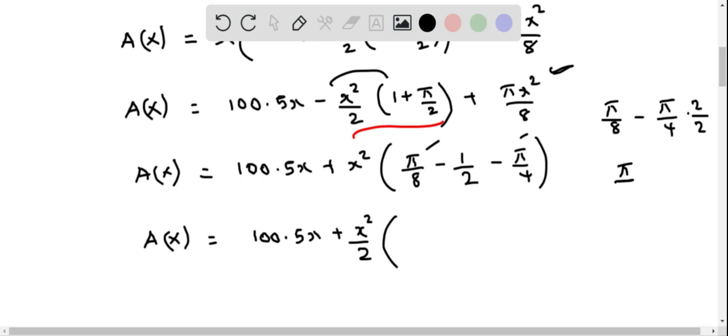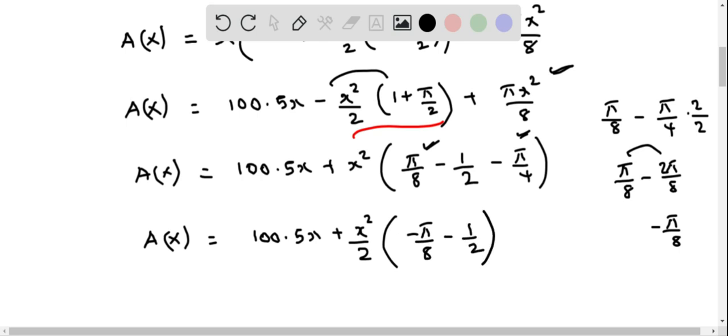So this becomes pi by 8 minus 2 pi by 8. Now we can add the numerators: pi minus 2 pi is negative pi by 8. So when we combine these two terms as a single fraction, we get negative pi by 8, and we already have negative 1 by 2.